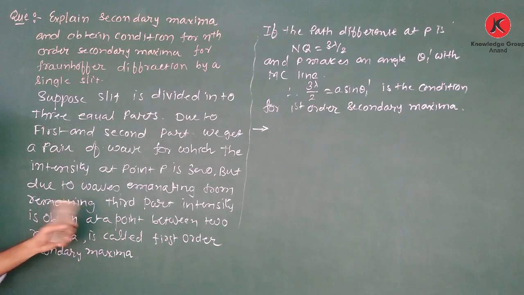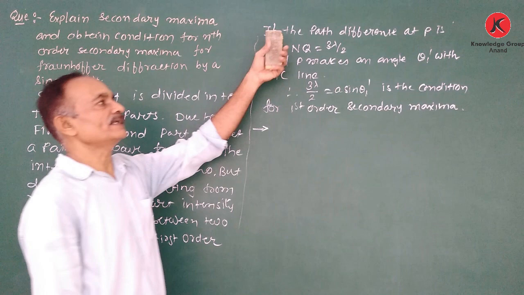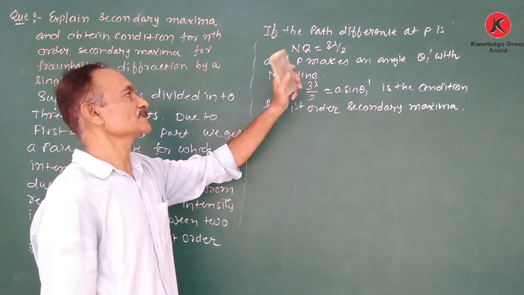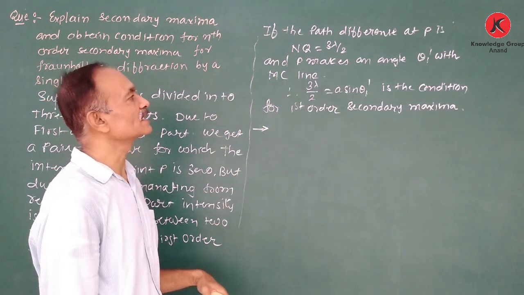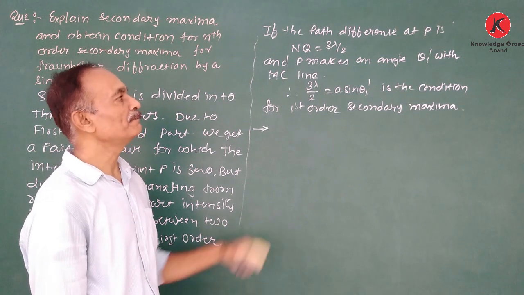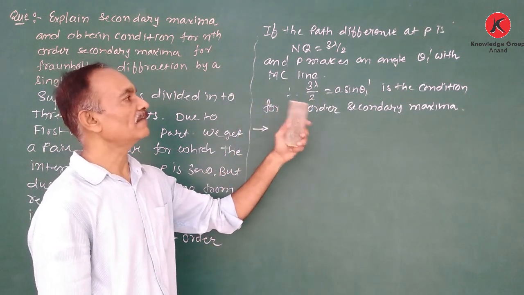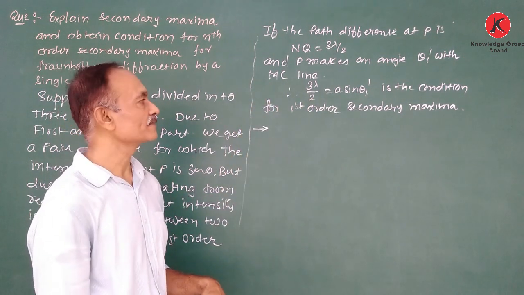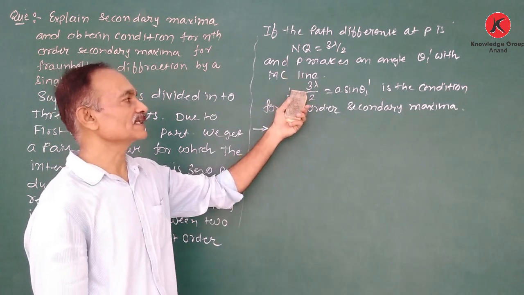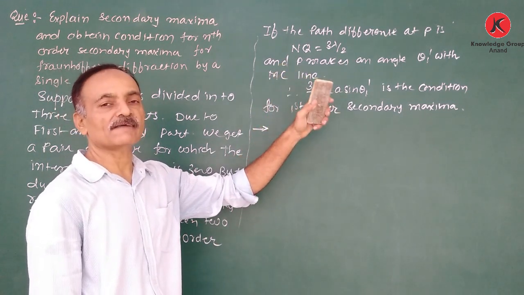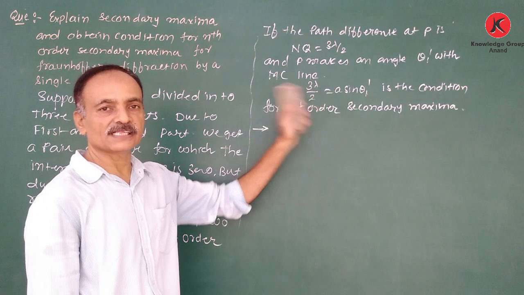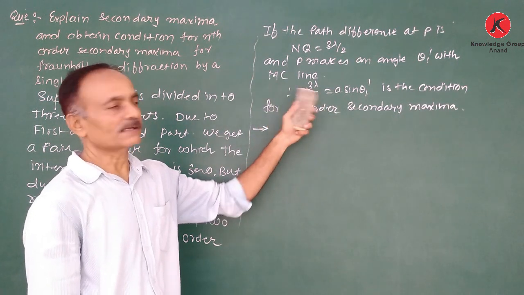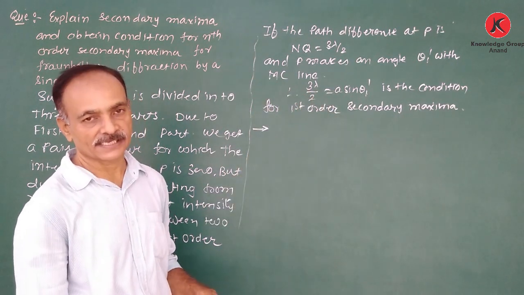So this point is known as the first order secondary maximum. For this point P, suppose the path difference NQ is 3 lambda by 2 and P makes an angle theta 1 dash with the MC line. Therefore this path difference is equal to a sin theta 1 dash. Already we obtained this condition, right? The path difference is equal to a sin theta.